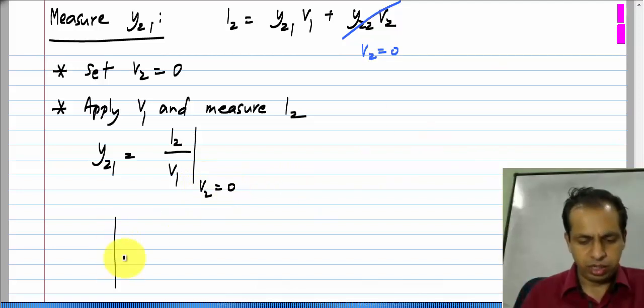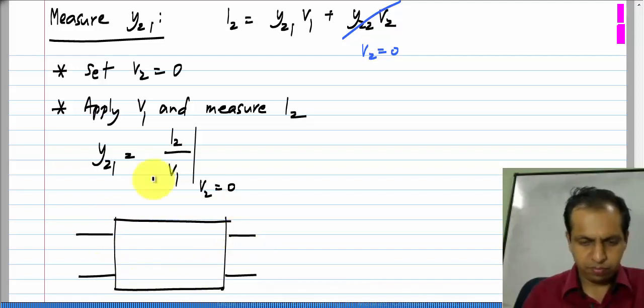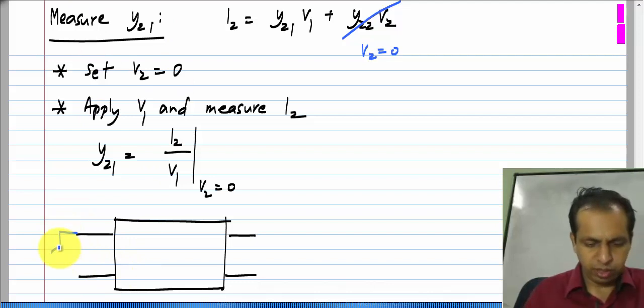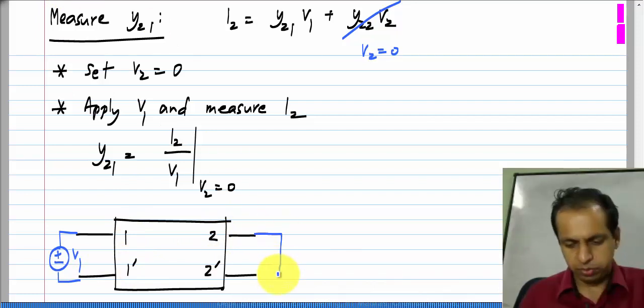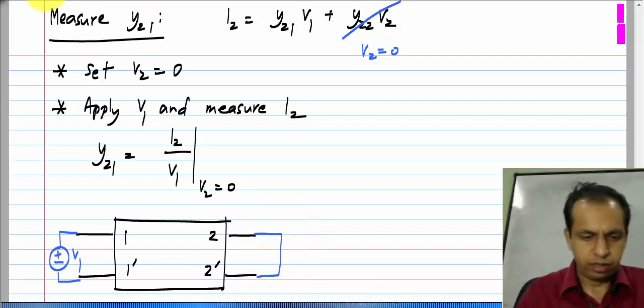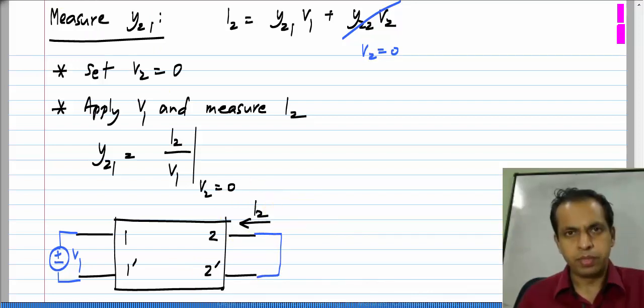And if I draw the circuit for it, I apply V1 to the first port, I short circuit the second port and I measure the current I2.